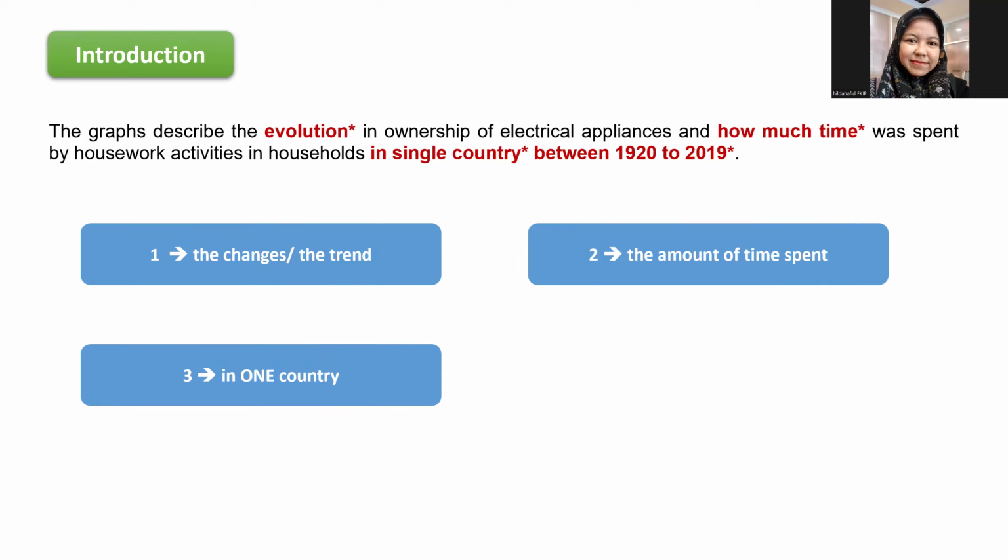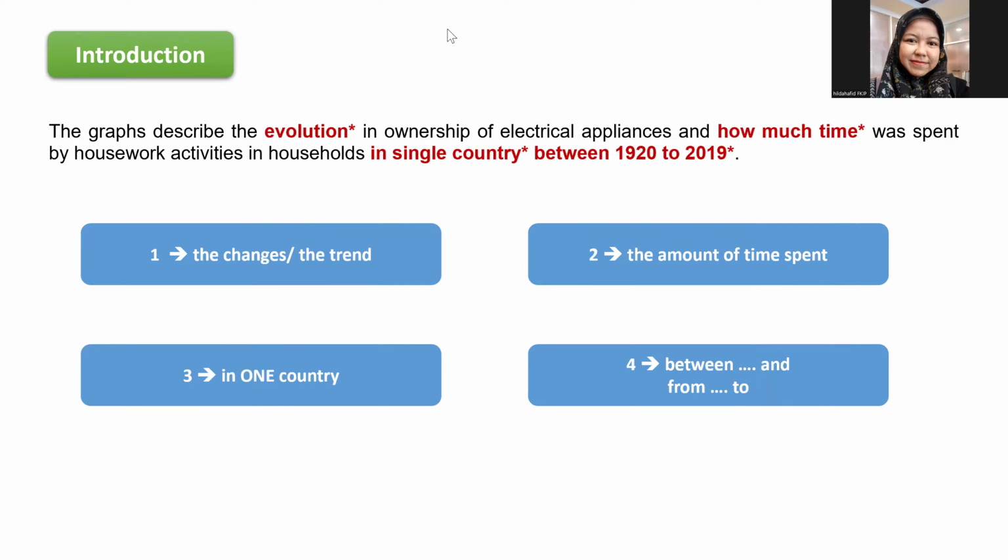Well, in single country, single should be preceded by a determiner or article, in a single country, but you had better use in one country because single is not really natural. It would be safer if we use in one country. And the next one, here you write between 1920 to 2019.